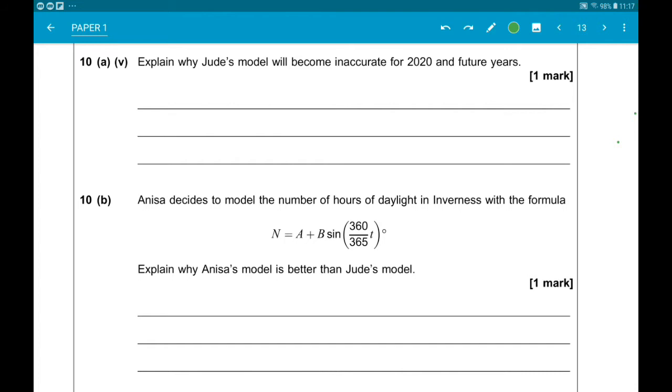Okay, so by having that 365 on the bottom and the 360 on top, Anissa's model is actually now going to repeat itself every 365 days, so it's going to keep in time with the years passing.